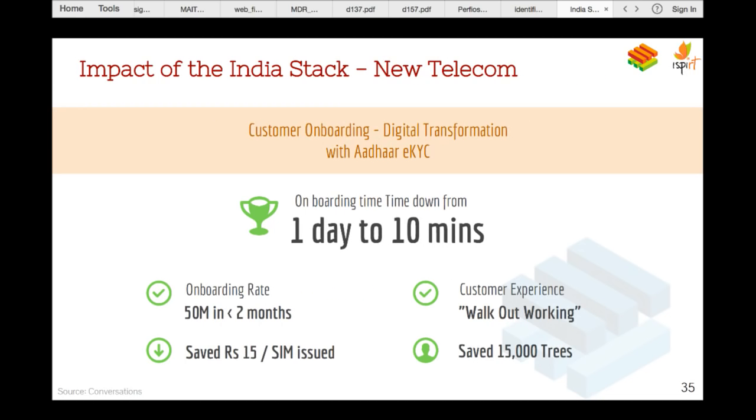We had Reliance Jio do over 50 million onboardings in 2 months. Actually, they've already crossed the 100 million mark, but in the first 2 months, they saved at least 15 rupees for every SIM issued because of paper. And the more important thing was the improvement in customer experience, which they were able to achieve with the walkout working. You went in, you got a SIM, and by the time you're out of the store, it is working.